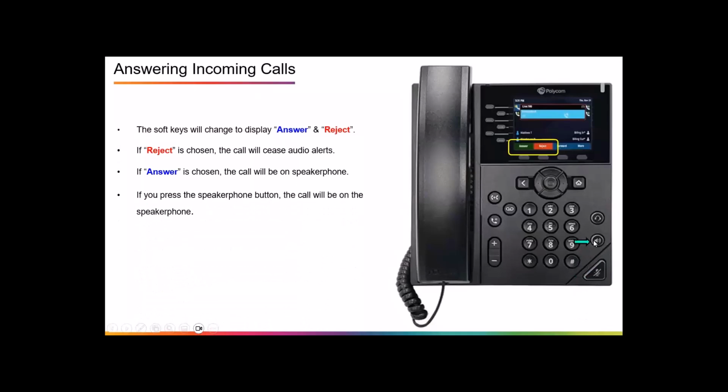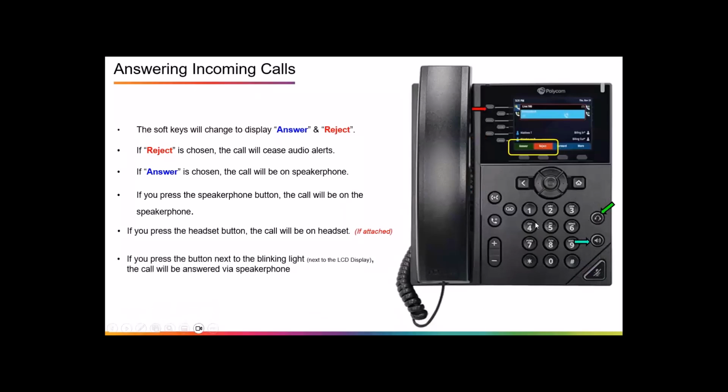Now, if you press the speakerphone button, the call goes to your speakerphone. If you press the headset button, of course, the call goes to your headset if you have a headset connected. Now, if you press the line key button, the physical button next to where you would see the incoming call, the call will go to your speakerphone as well. And of course, you do have the ability to pick up the handset anytime if there's an incoming call.